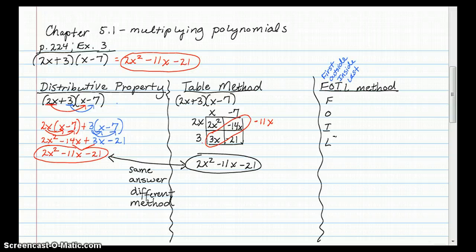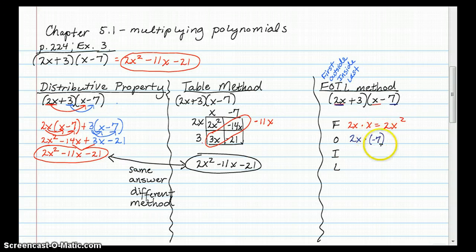And so then you look at the problem, you look at the first terms. So 2x and x are the first terms. So 2x times x equals 2x squared. And then you look at the outside terms. So 2x and negative 7, excuse me, which equals negative 14x.